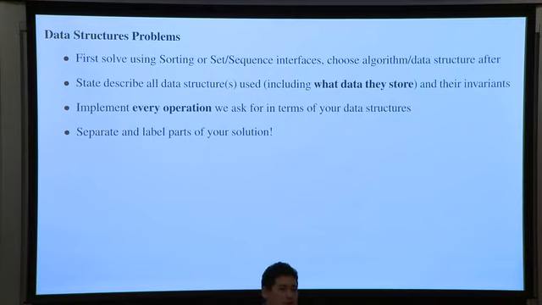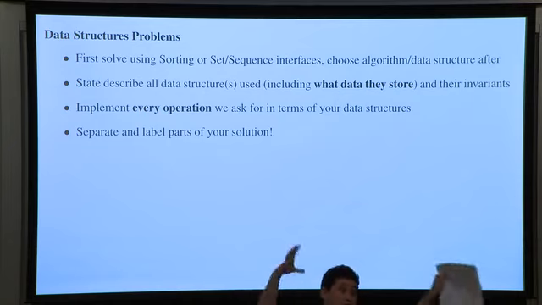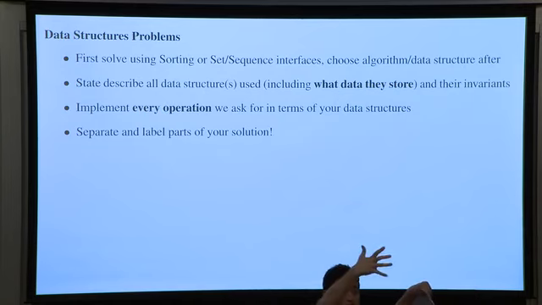I do want you to mention that you thought about correctness. Just write a sentence saying that this data structure is correct because, and argue that you're basically maintaining the invariants of your data structure at the upper level. What kinds of things is this data structure storing?